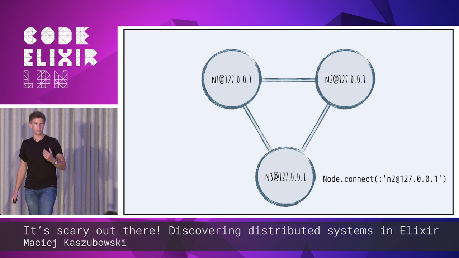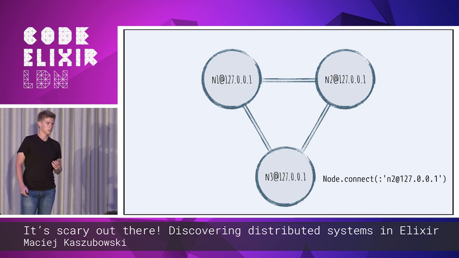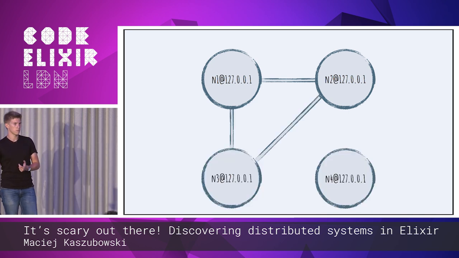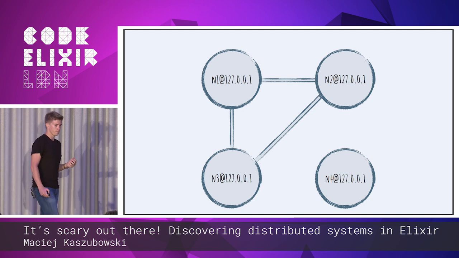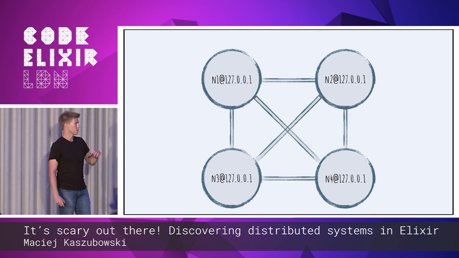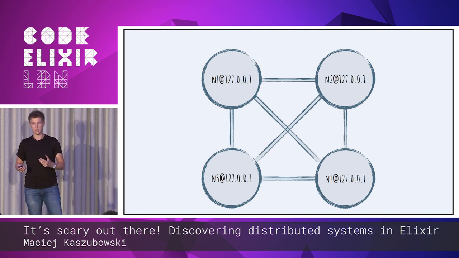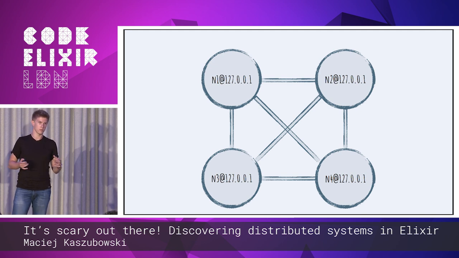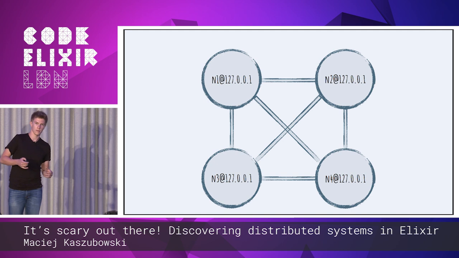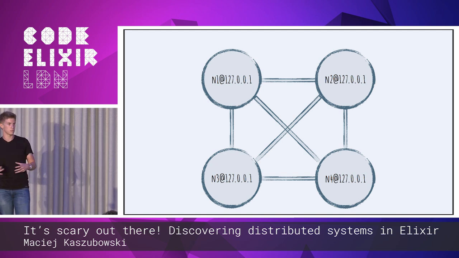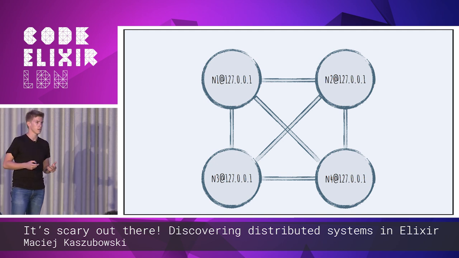But it also comes with a cost, because when your cluster grows and when you add new nodes, there are more and more connections. And as I've said before, Erlang uses heartbeat messages to monitor the nodes. So when you have a large number of connections, the number of heartbeat messages is also very high.